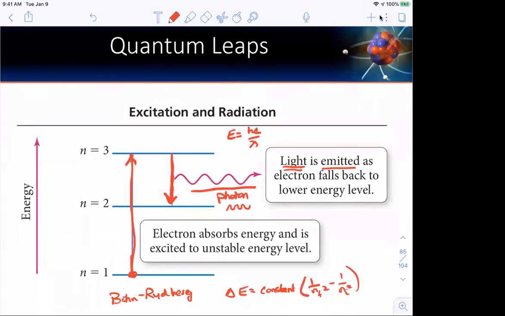So this energy difference between n equals 3 and n equals 2 can be calculated if I know the wavelength of light. I could also use this equation if I know the energy levels. All of these things are interconnected and intertwined. So when you think about doing problems, you have to think about all of these equations that we're going to use and how they all go together.